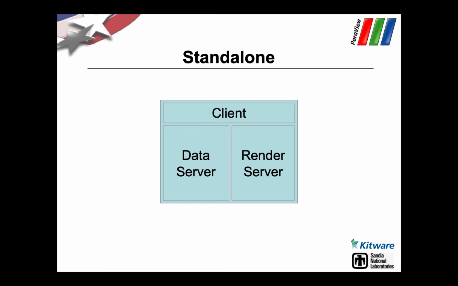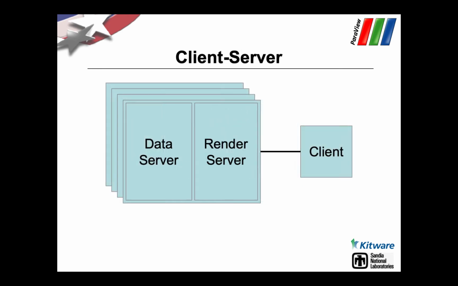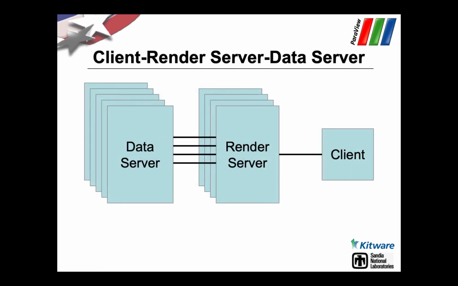I can also run it so that the data server and the render server are together, with many copies of them on, say, Newton, clustered downstairs, and then I'm running the client either remotely or on another compute node. And a third way is I can handle all the data manipulation in a distributed way too, to reduce those things. All three modes are supported in ParaView, which is nice.